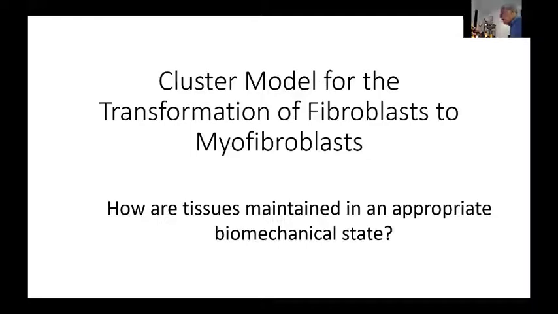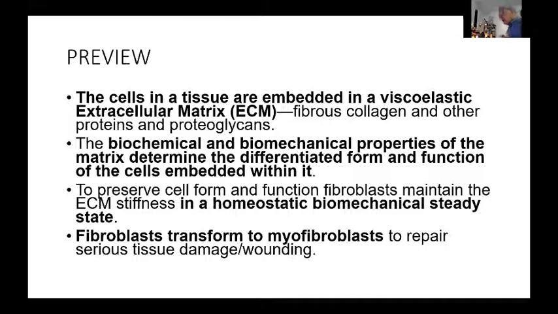I'm going to begin by giving a preface of what I intend to talk about in this presentation. First of all, I'm going to start with something that everyone here knows very well, namely that in a solid tissue, cells are embedded in a viscoelastic extracellular matrix, which is composed mainly of fibrous collagen and other proteins and proteoglycans and other components as well.